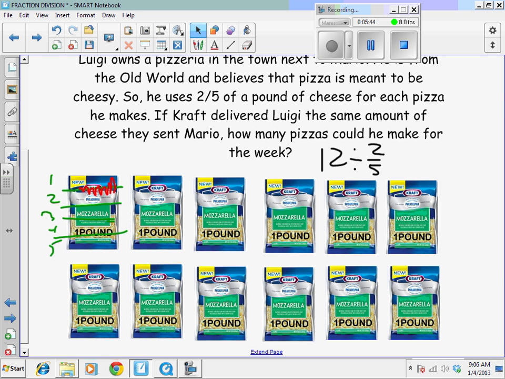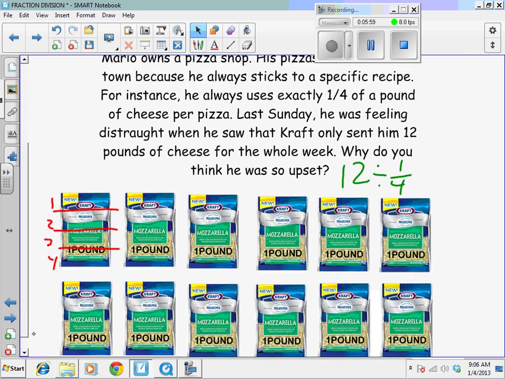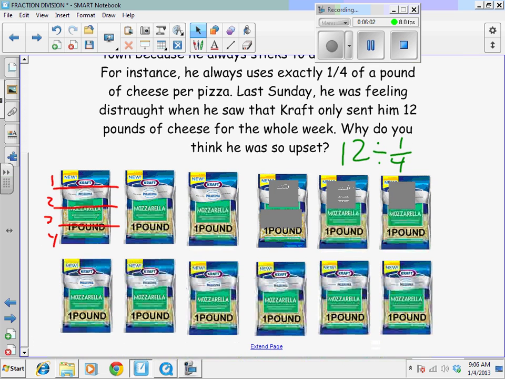Let's go back to Mario's question. Let's count exactly how many pizzas Mario is going to make with 12 pounds of cheese. It should be fairly easy. You should be able to do it without much thought.